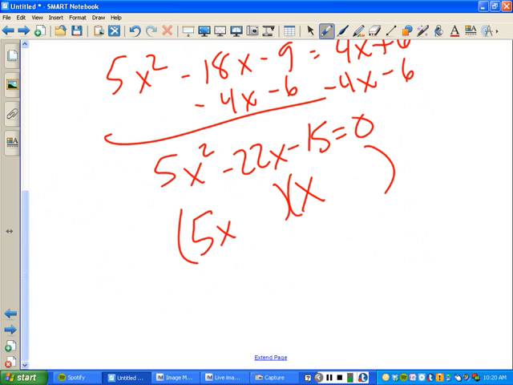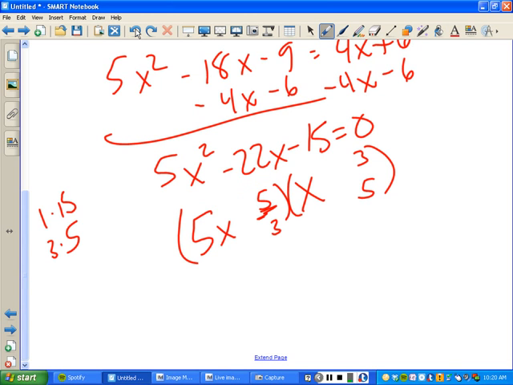So, factors of 15 are 1 and 15, 3 and 5. Which two should we use? 3 and 5. They're closer together than 1 and 15 are, right? Do we put the 5 here, or the 3 here, or the 3 here and the 5 here? Why can't I put the 5 right here? Because that would have a common factor, right?